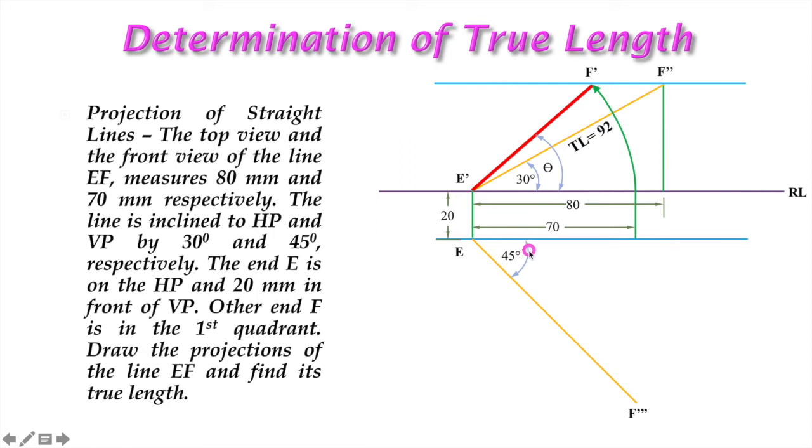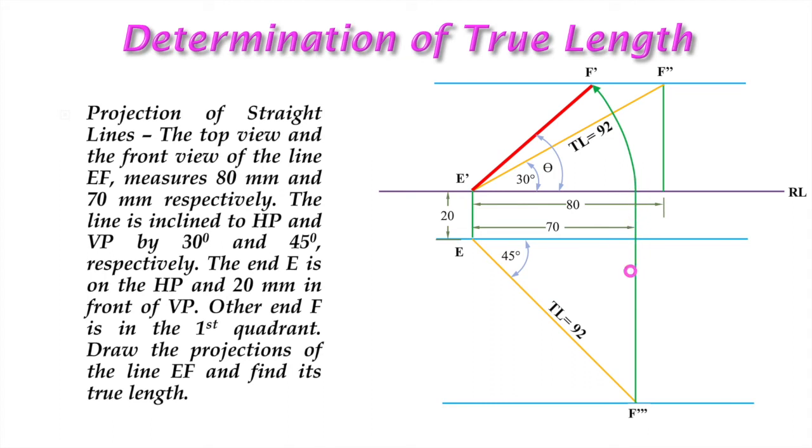So at an angle of 45 degrees, cut this length EF triple dashed equal to E dashed F double dashed. Then from here draw a horizontal line. Now if we draw a projection line from F double dashed, you will see that this projection line meets this line.